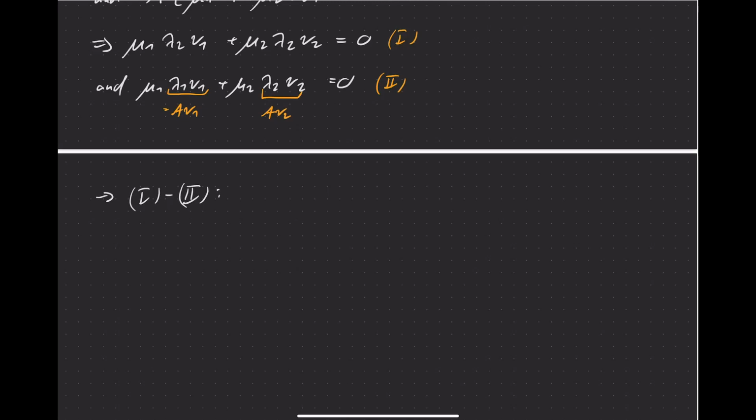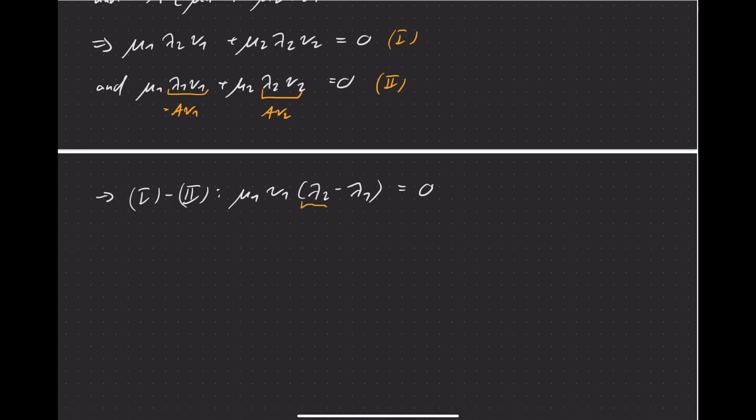Then what do we get? Well, we get that first factor, mu1 v1 (lambda 2 minus lambda 1). And the second factor is the same, so that just vanishes, and the right hand side is 0 in both cases. Okay, so what can we see from that?